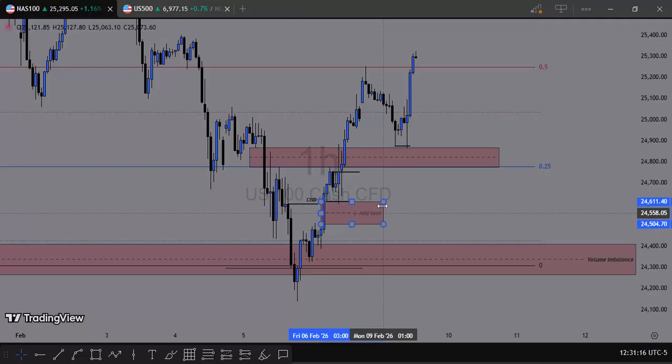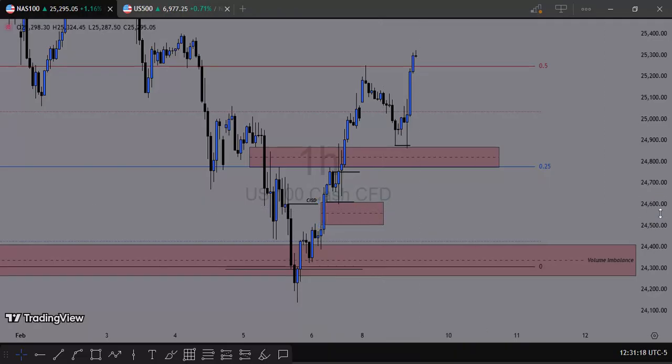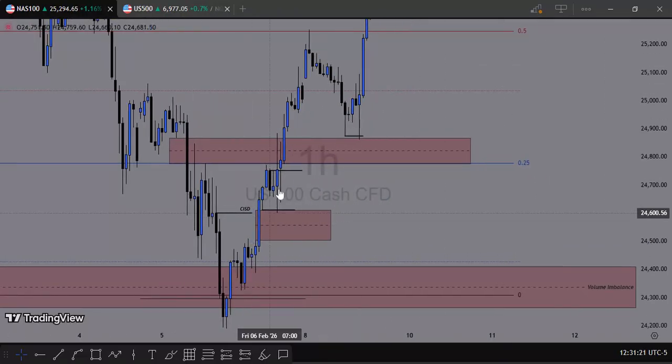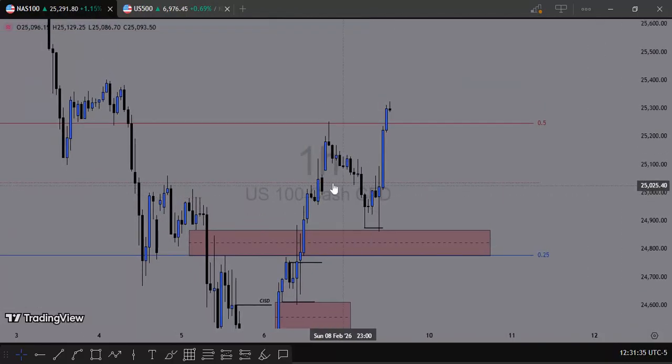It is just simple. At 9:30 on Friday, we had this sweep of liquidity right here, and then a close above this down close candle. So I positioned myself somewhere around here and held it all the way to Monday, which is right here today. So waking up, it really played out well.